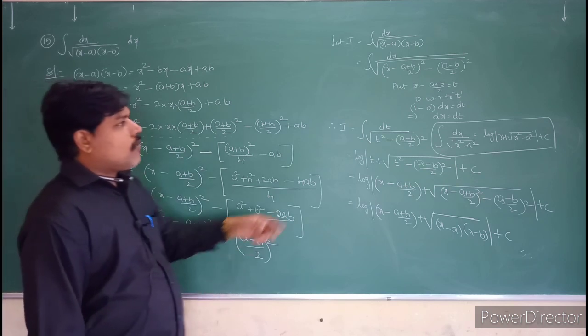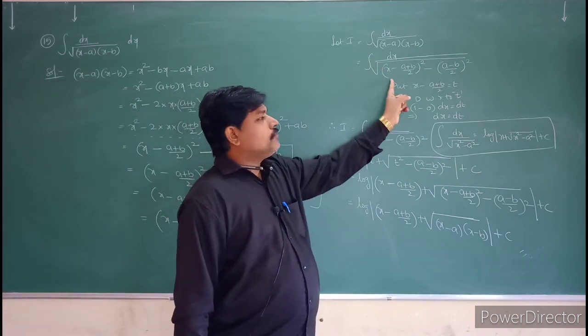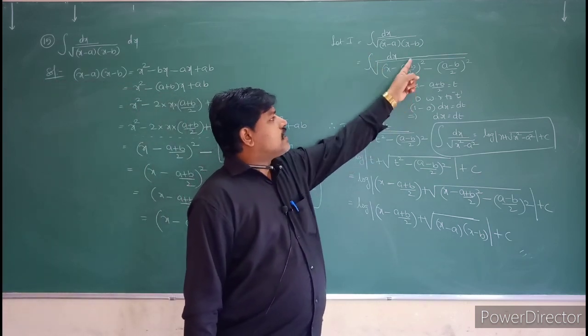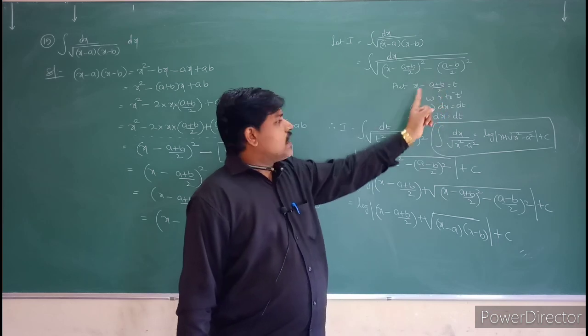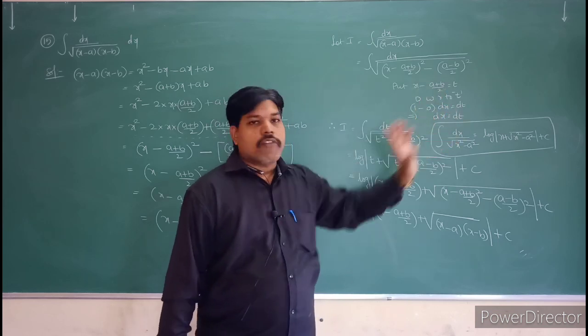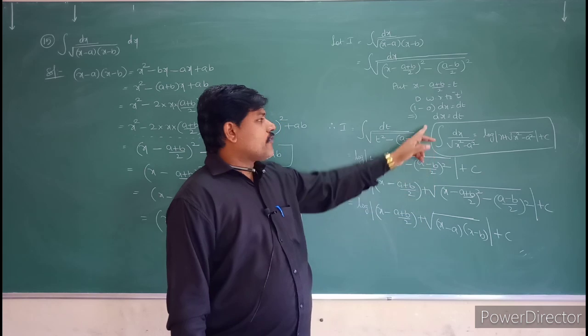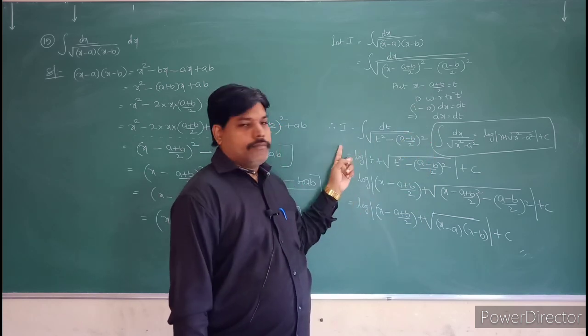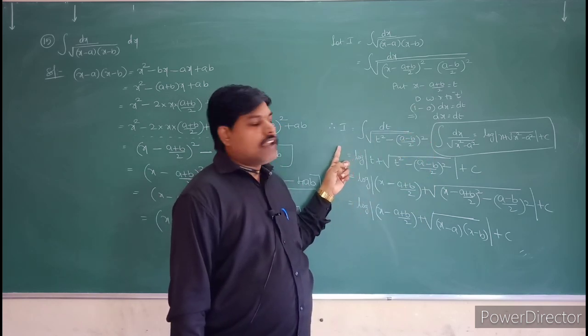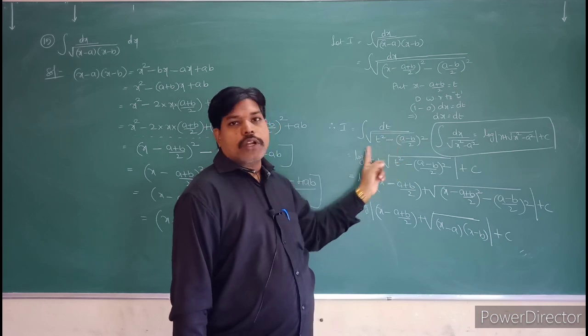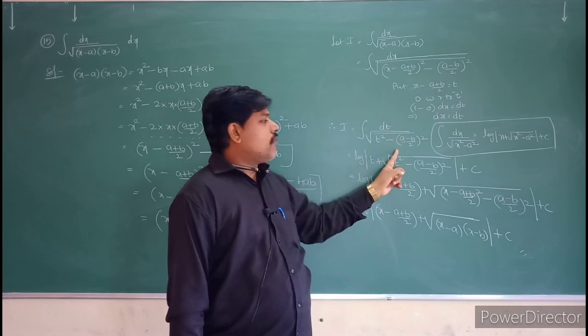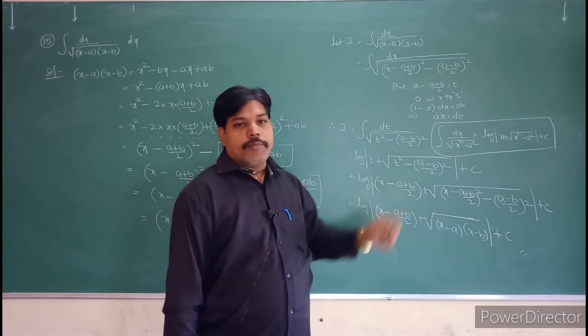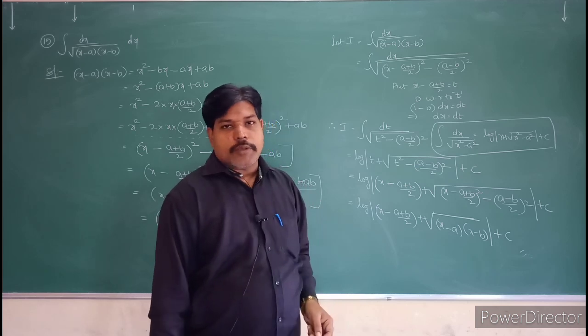After getting this value, what do we take? Take x minus (a plus b)/2 equal to t and differentiate with respect to t; the dx value becomes dt. After getting the dx value, take the I. The I value is nothing but the integral of dt by root of t square minus ((a minus b)/2) whole square.